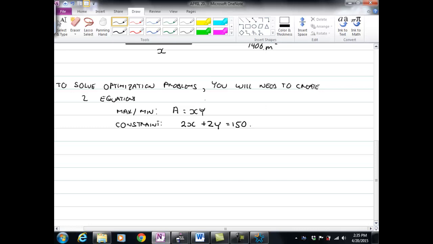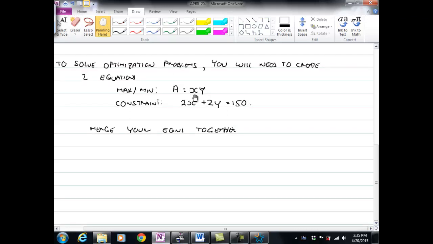So I'm going to merge these two equations together. You may do this by substitution, or any other method you want, but in this case I can use substitution. Some of you ask which one do I merge with which? I'm looking for max and min, so this is my main equation.